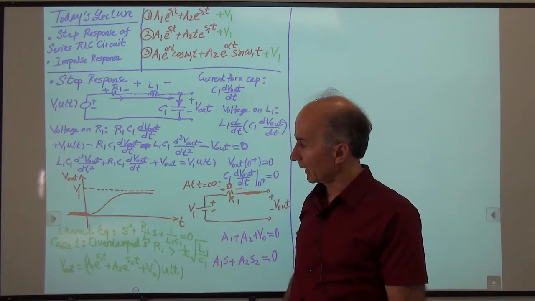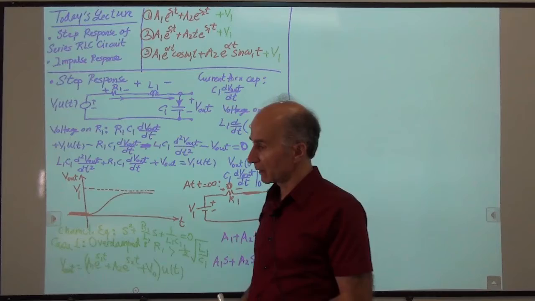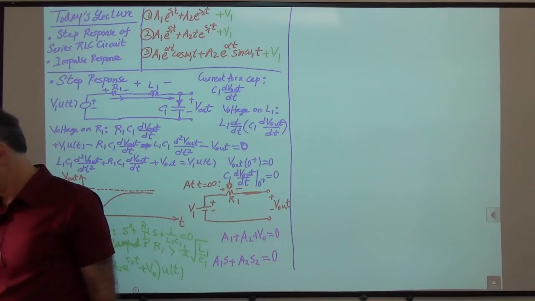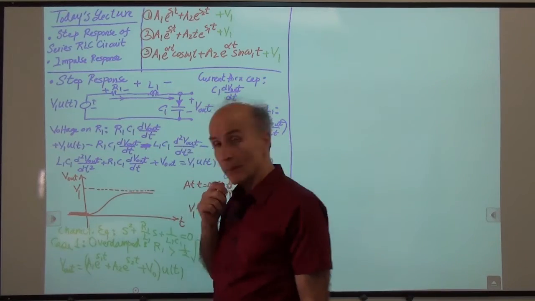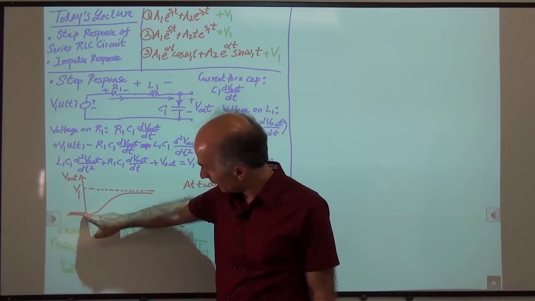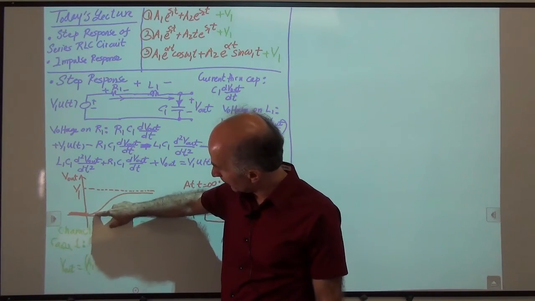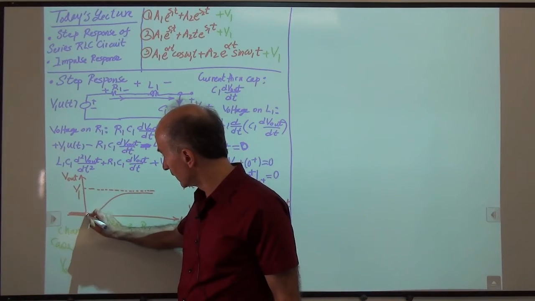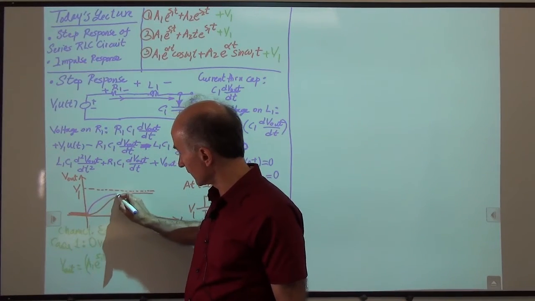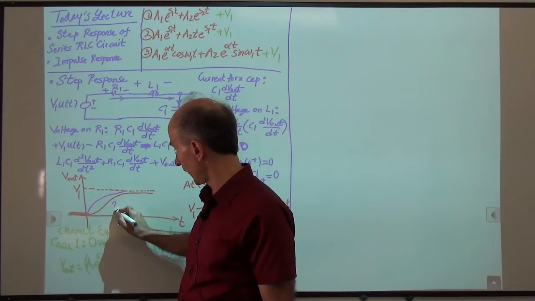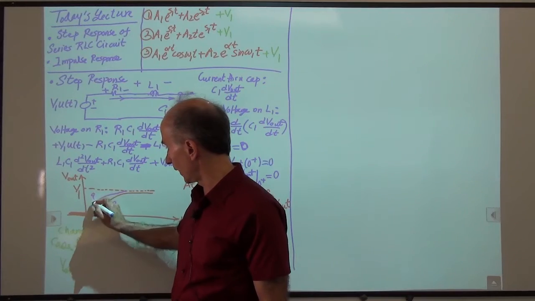Okay, there's one interesting point that I wanted to mention here. This is just a point of curiosity. You see this V out here, starts from here, and does it go up like this, or does it go up like this? Which one of these should we expect for V out?